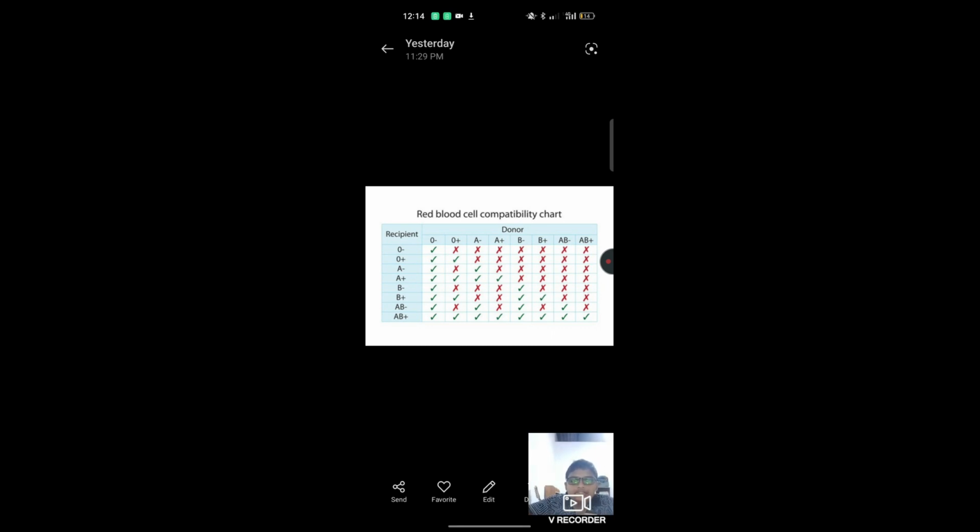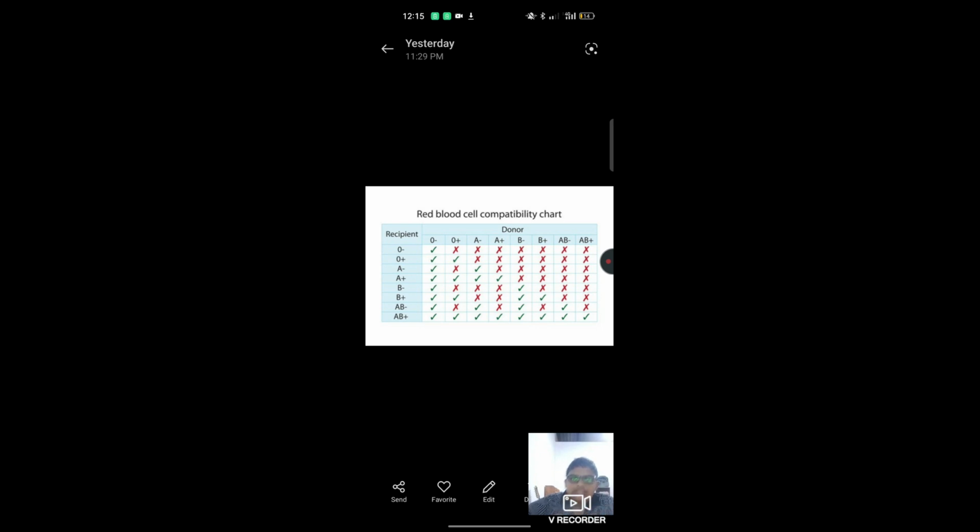AB positive can give only to AB positive, because if the donor is AB positive and gives blood to A positive, what will happen? Then a new protein goes into the blood. It is the protein B, because A positive means A and rhesus factor are okay, but B is a new one. That's why.